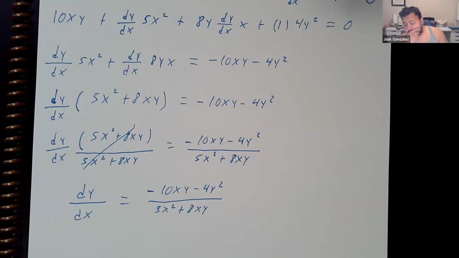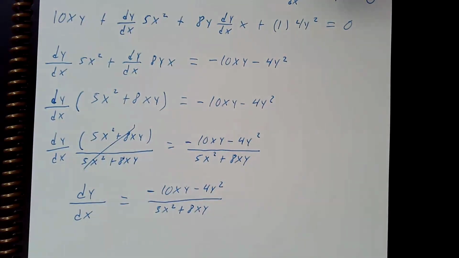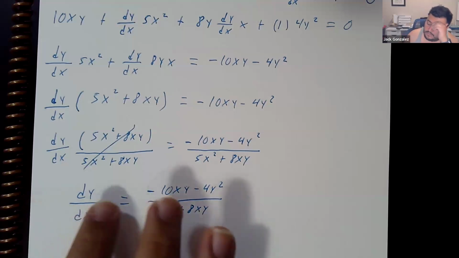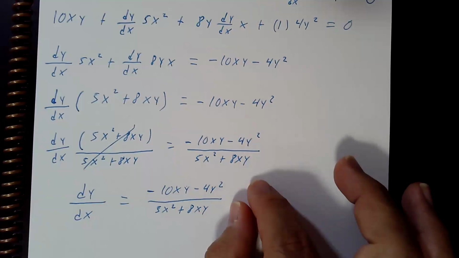Since it looks like a fraction on this side and it's a fraction on this side, is the derivative of y that numerator and the derivative of x the denominator? No, not necessarily. We could solve for dy, but the dx component would be over here. Oh, okay, I got you.